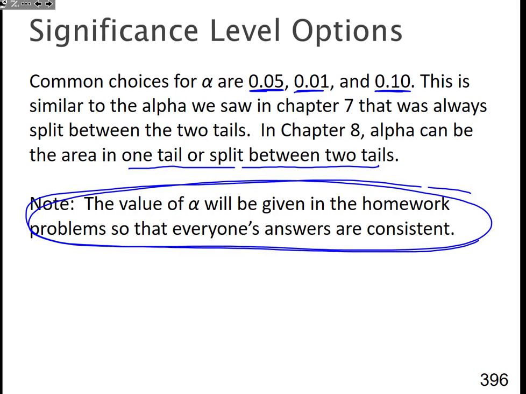The value of alpha will always be given in the homework problems so that everyone's answers are consistent. If you were doing this as a statistician, you could choose how low you wanted your alpha to be, but it will be given to you. Now the trick is, you got to remember that the alpha is the same as the words significance level. And so that will be important for you to get in your head.